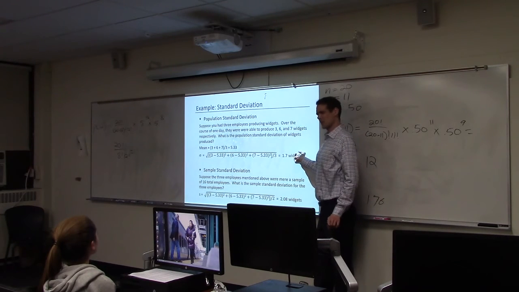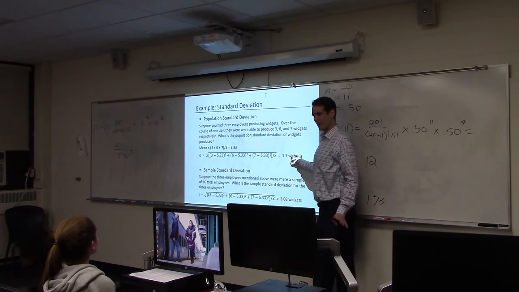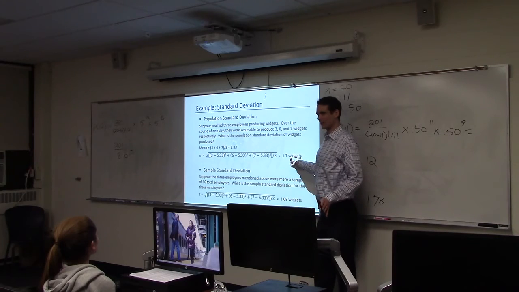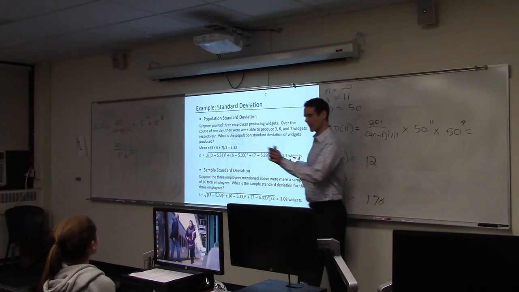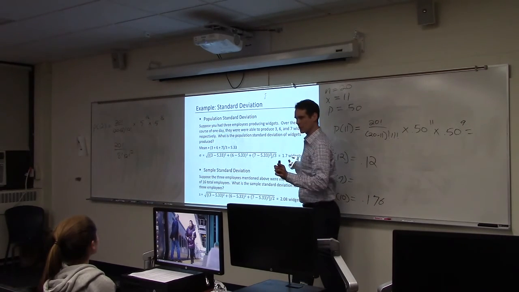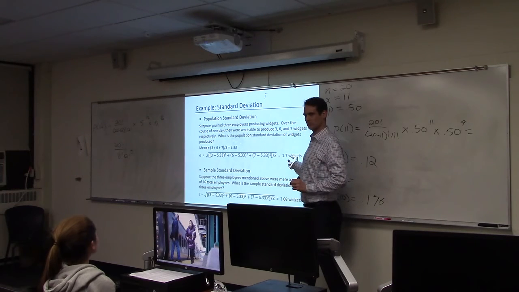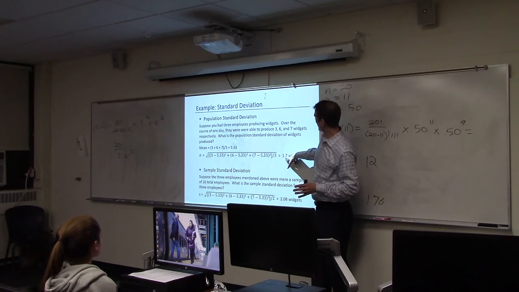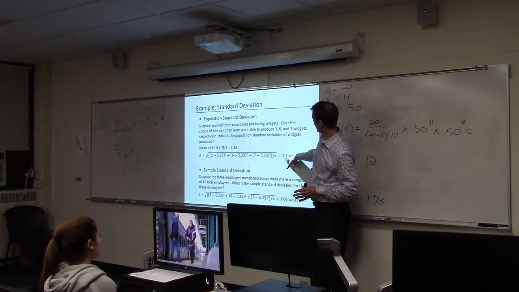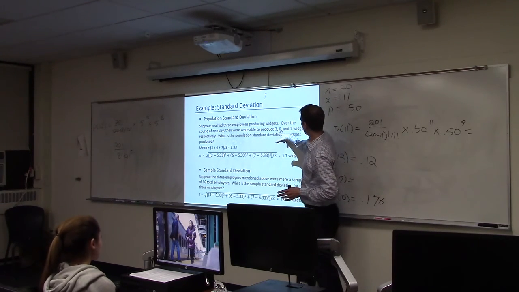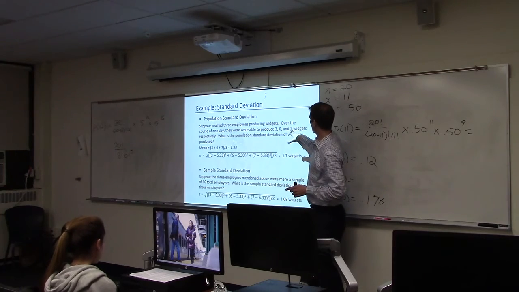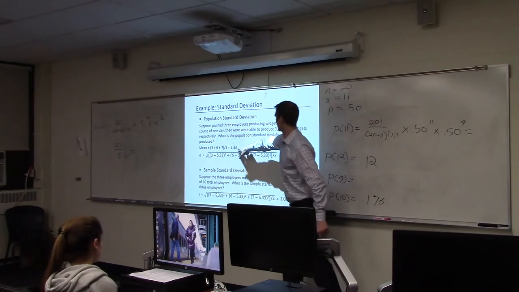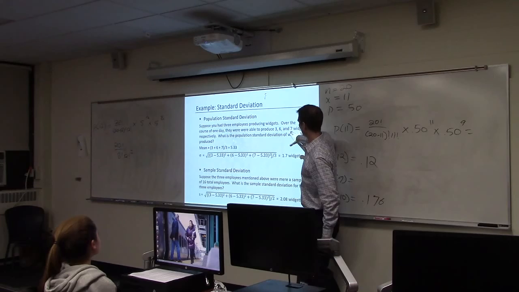So the mean is 5.3. And 1.7 is about the average distance of each of their number of widgets from the mean. And that's about right, because the difference between the amount Julissa produced and 5.3 is pretty much 1.7.